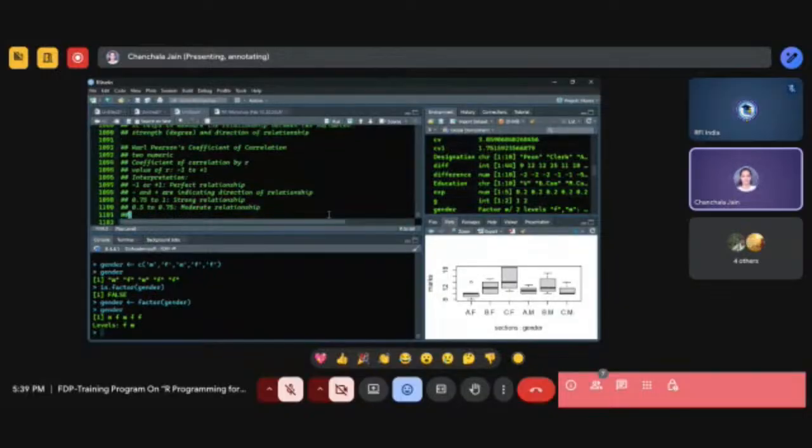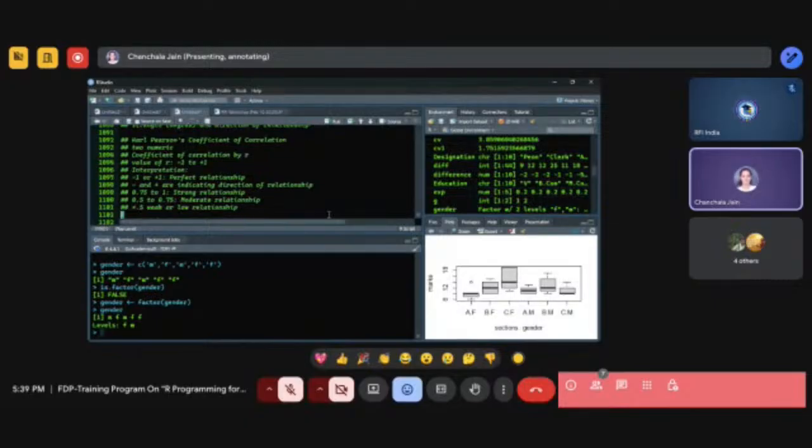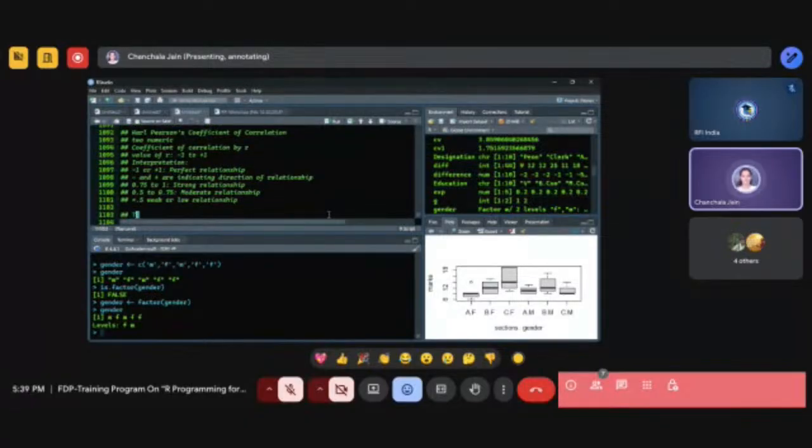When it is less than 0.5, it is a weak or low relationship. This way you can interpret the values of r: in this range, you can find where the value falls and interpret it accordingly. Now talking about the types.